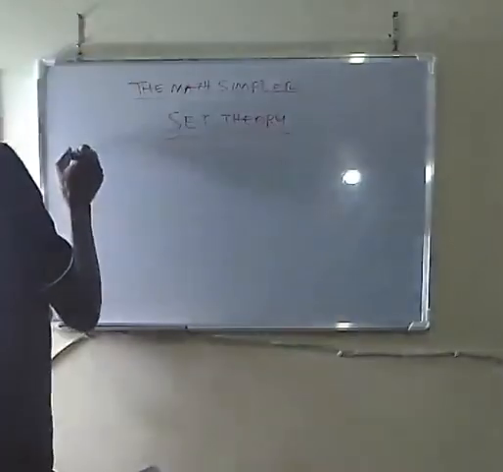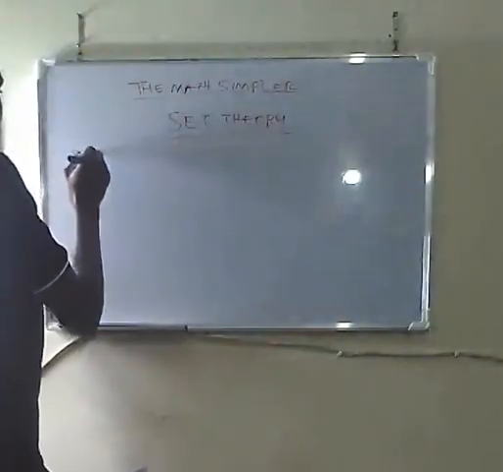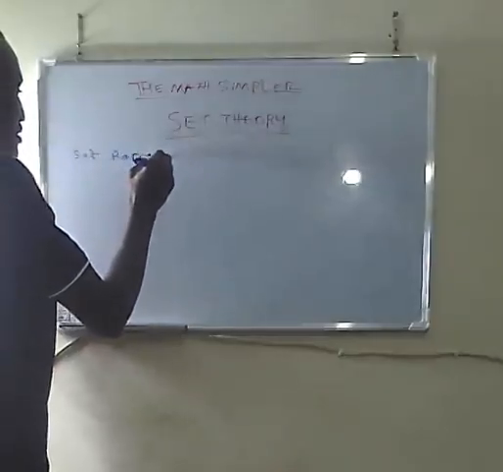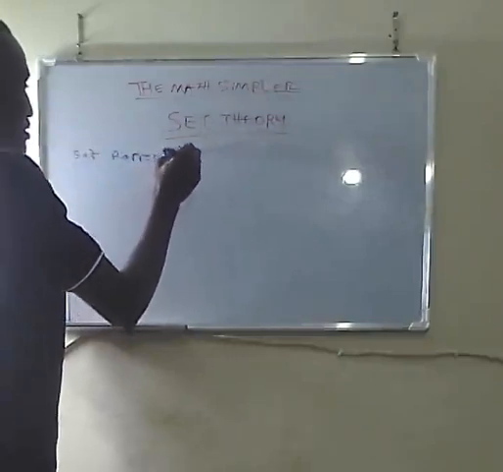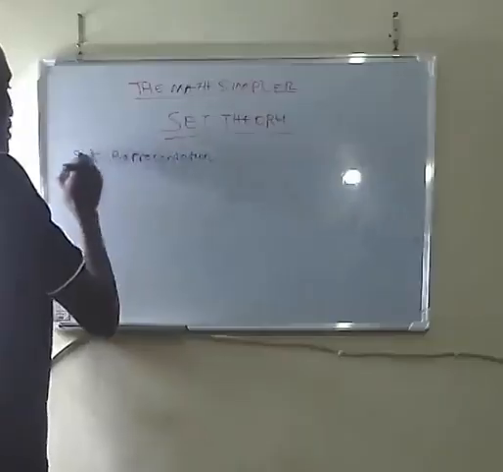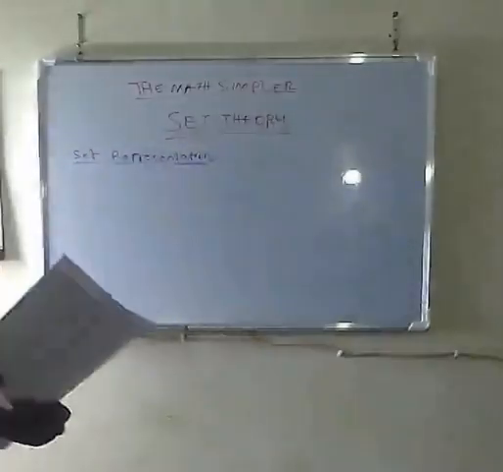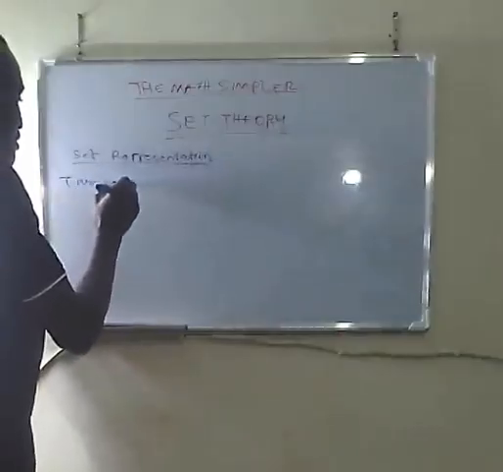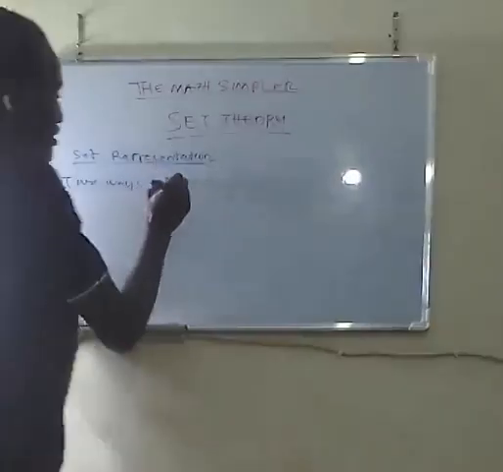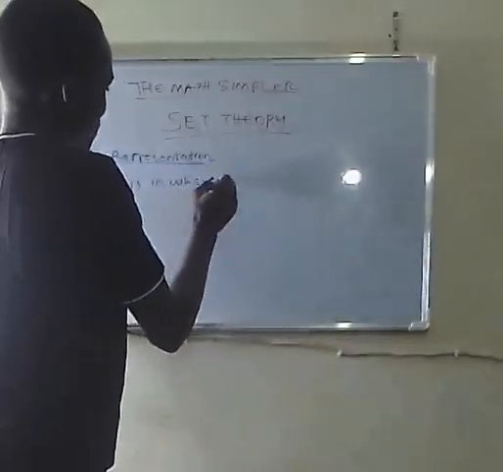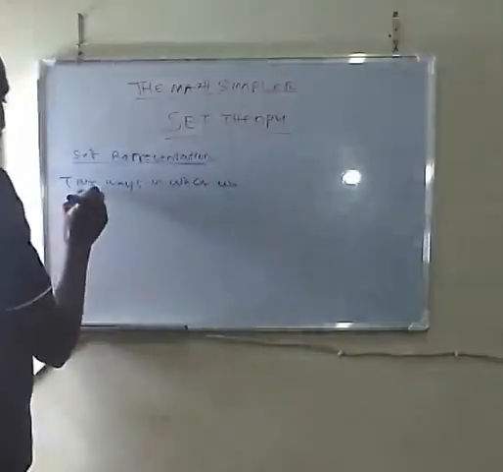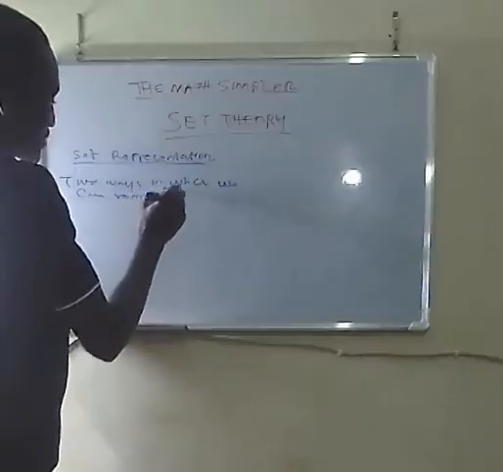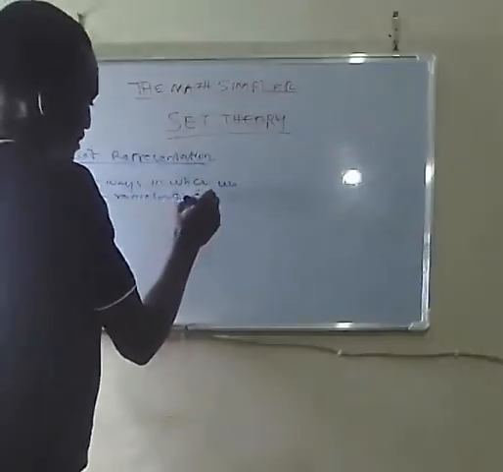The next thing is set representation. There are two ways in which we can represent our sets.